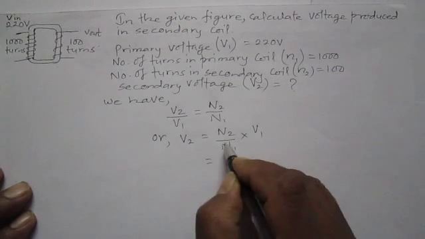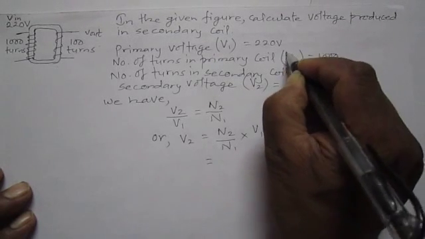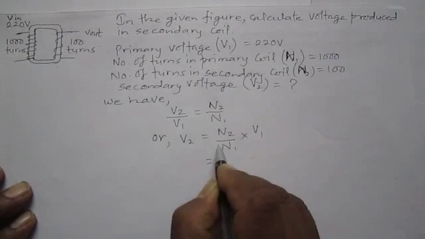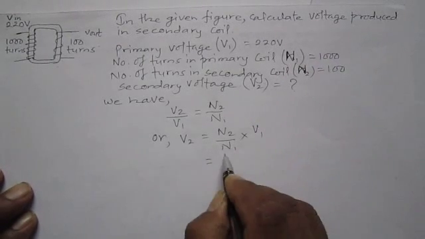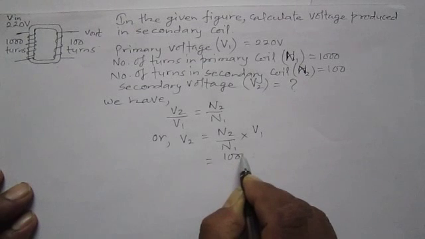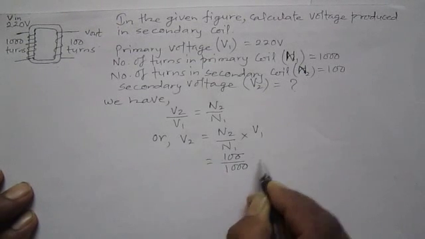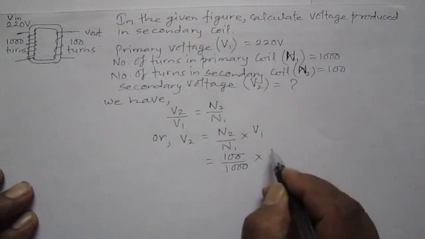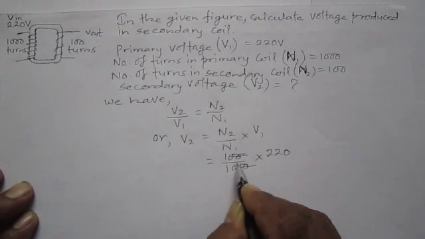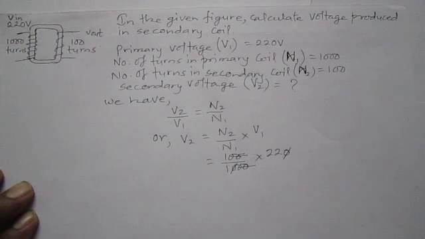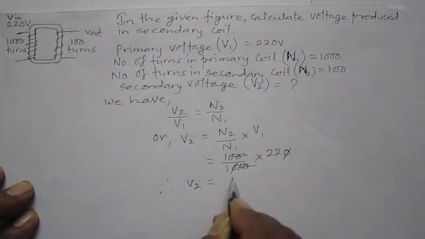If I am taking a capital letter here, I can use a capital letter there; if I'm taking a small letter, I'll use a small letter. It doesn't make any difference. But N2 is 100 and N1 is 1000 and V1 is given 220. Now the zeros cancel, and therefore V2 is equal to 22.